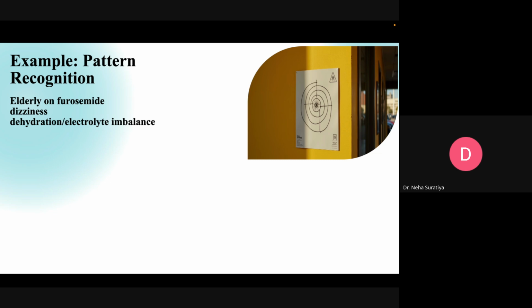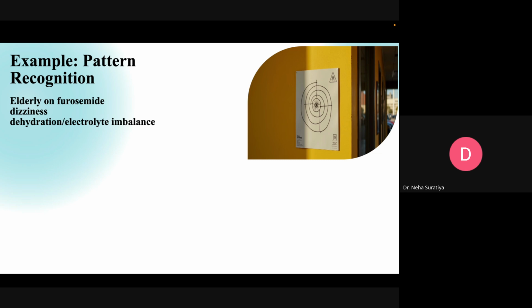And elderly patients are more prone to dehydration. Dehydration causes electrolyte imbalance, low sodium, low potassium, and that causes further dizziness, weakness, and confusion. That is the commonest pattern you will identify if an elderly patient taking furosemide has a complaint of dizziness. This looks like dehydration and electrolyte disturbance due to furosemide.